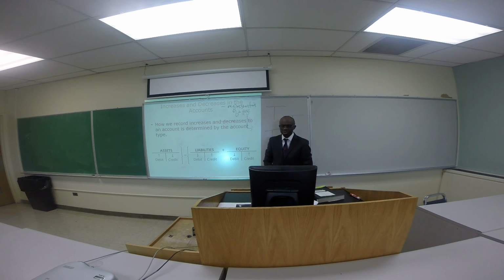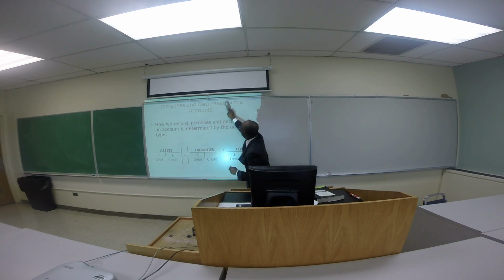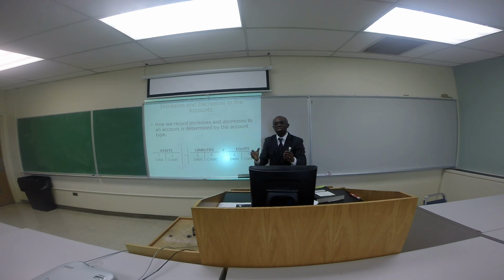Moving along, increases and decreases in accounts. Remember we said that the main thing that we are doing in this chapter is recording business transactions. A transaction causes an increase or decrease in a particular asset, liability, or equity account.